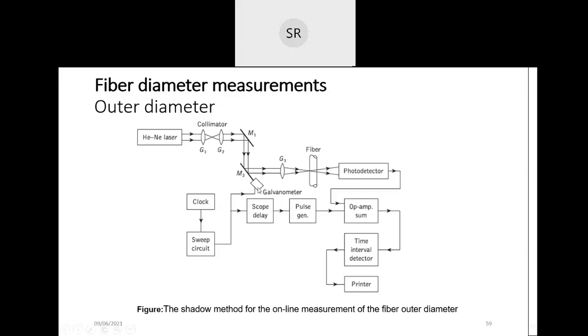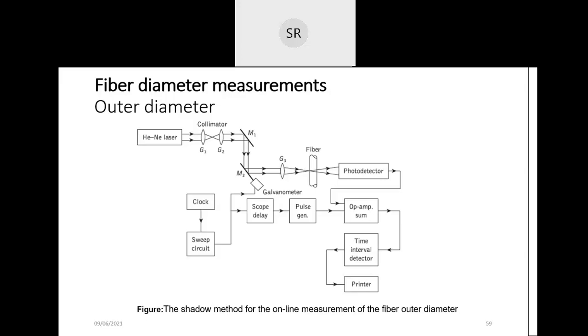Here we use mirror M2, an oscillating mirror that oscillates according to the sweep we are using. Because of the oscillating mirror, the light falls on the fiber with a velocity, which depends on the blockage by the fiber with respect to time.